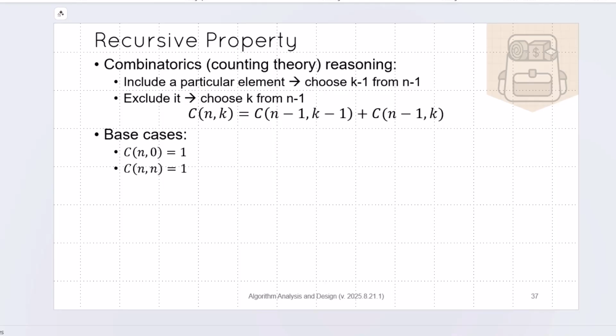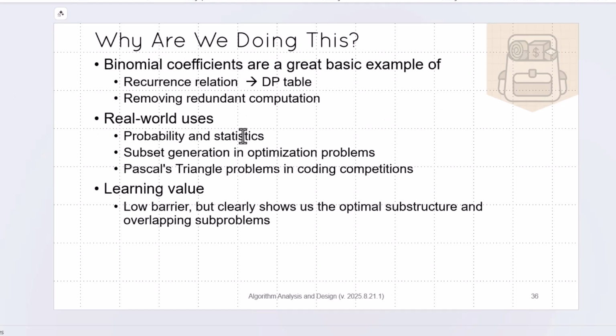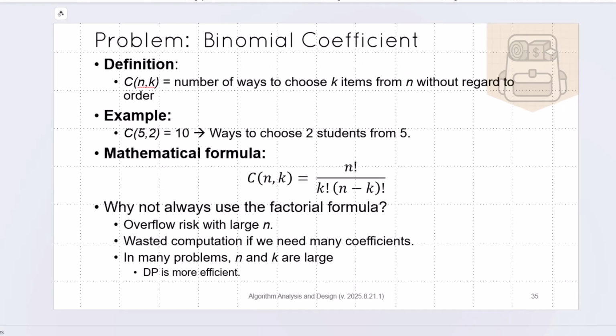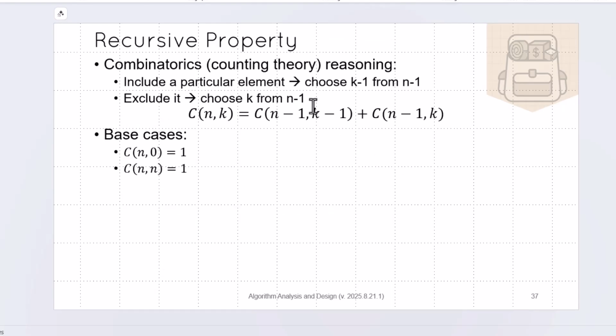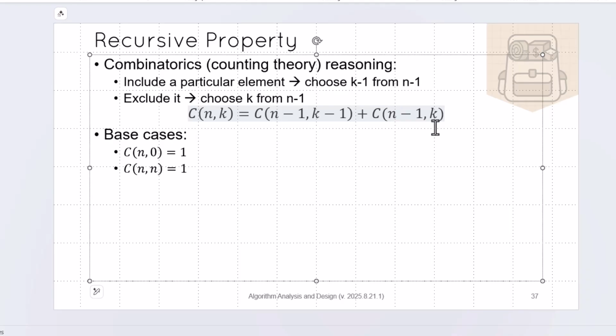The combinatorics, counting theory reasoning is that if we include a particular element, we choose k-1 from n-1. If we exclude it, we choose k from n-1. So we end up with this right here. We have C of n comma k, instead of the factorial definition, this mathematical definition up here. Okay, the binomial coefficient definition: C of n and k equals C of n minus 1, k minus 1 plus C of n minus 1, k.